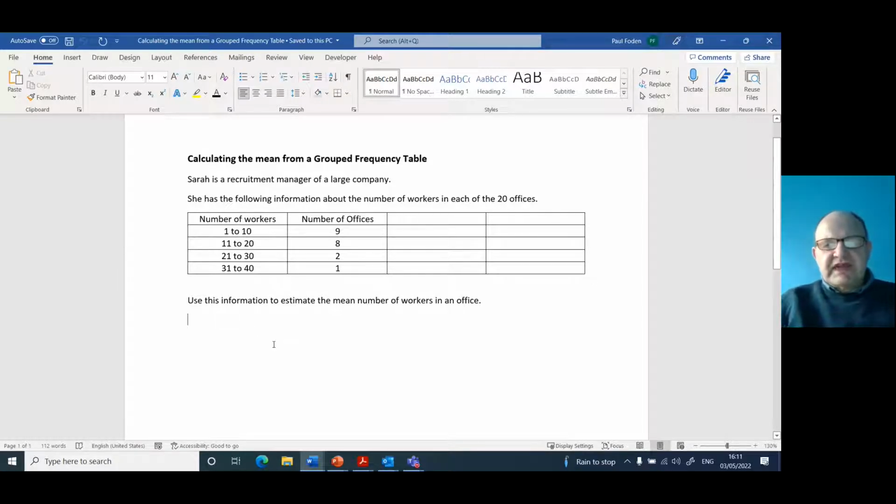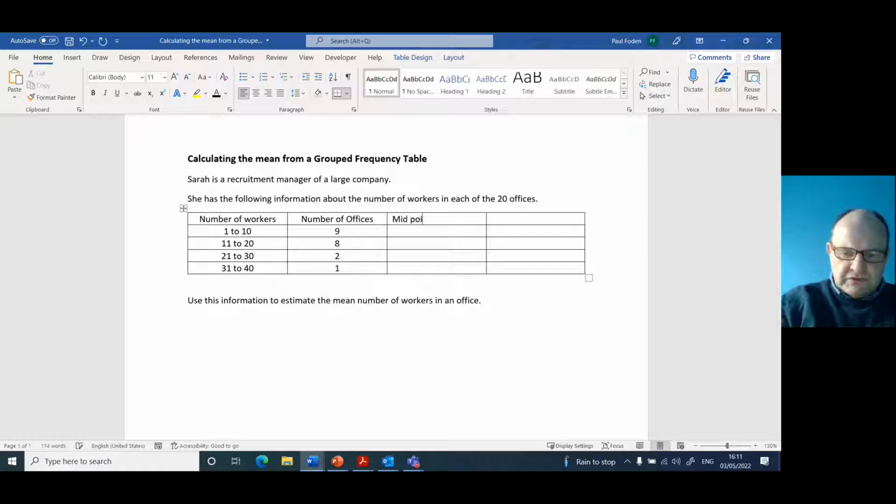So to estimate the mean from a grouped frequency table, the first thing we've got to find is the midpoint. And we're going to multiply that by the frequency, which in this case is our number of offices.